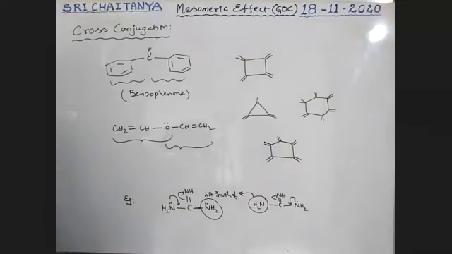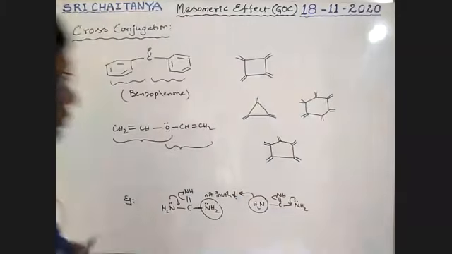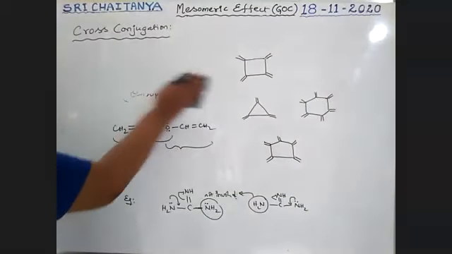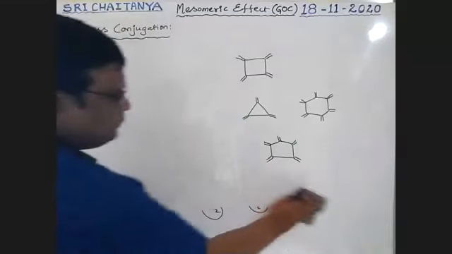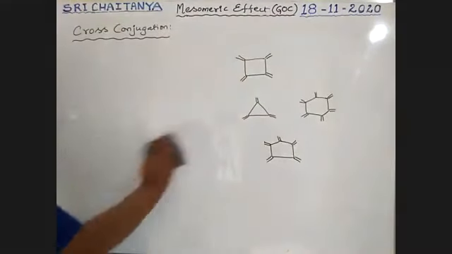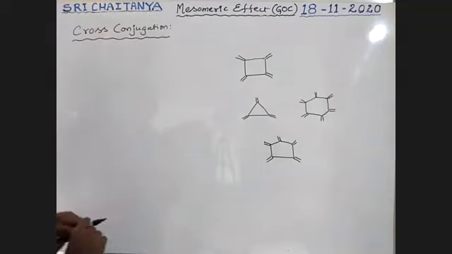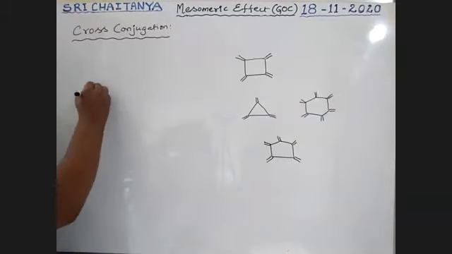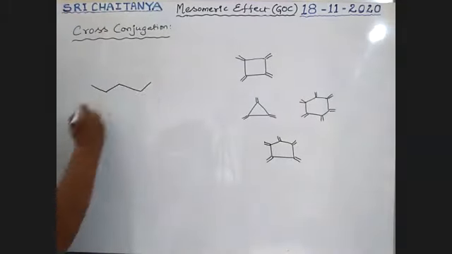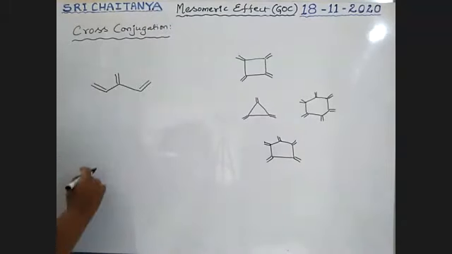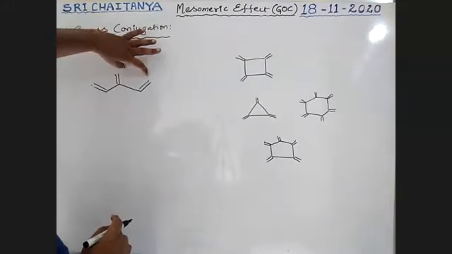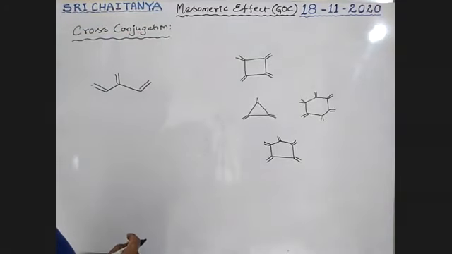Okay. Next. So these two are conjugated or these two are conjugated, but not all these things. Only half, conditionally.